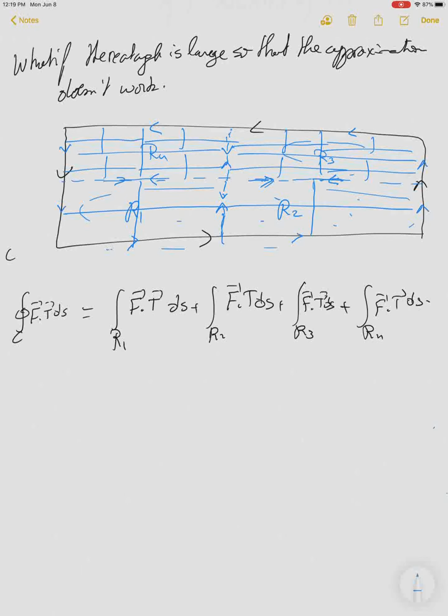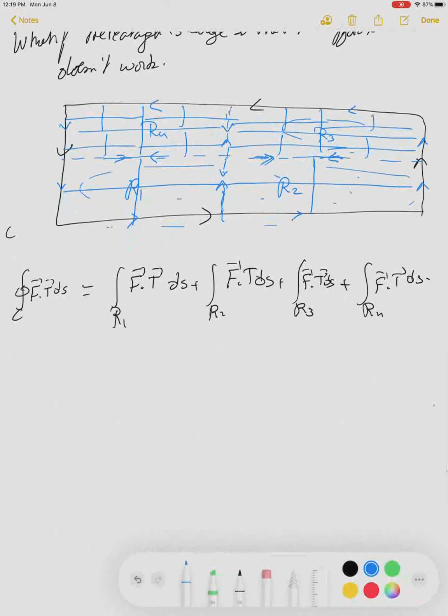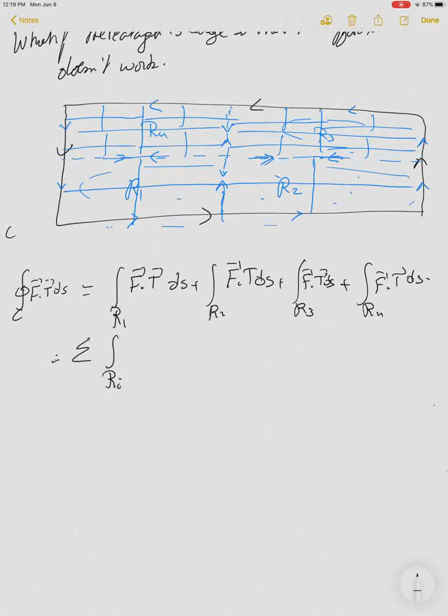You can continue what I'm doing here. So what this is saying is, maybe at the end of the day I have rectangles that are small enough, and then this will be a summation of integrals over very small rectangles of F dot T ds, correct?